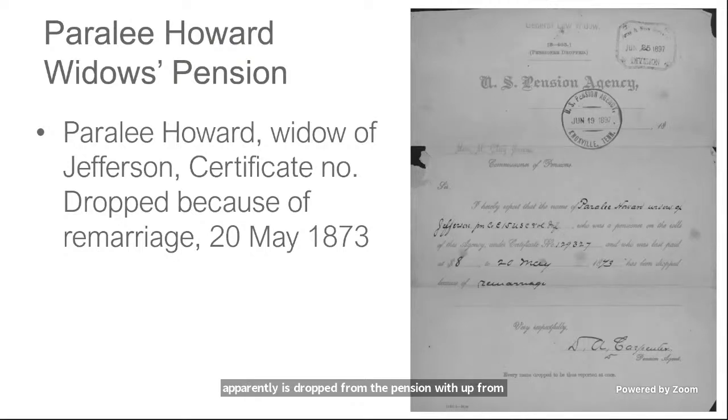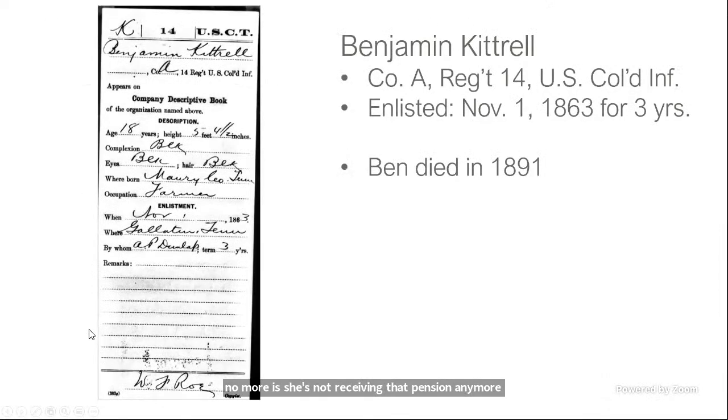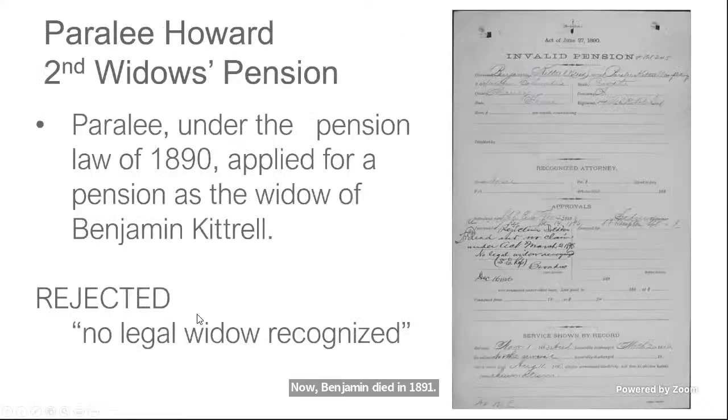So she's not receiving that pension anymore. But Benjamin also served. Now, Benjamin died in 1891. So Pearly, under the pension law of 1890, applied for the pension as the widow of Benjamin Cottrell. And she was rejected because there's no legal widow recognized. That was the reason they stated for the rejection.